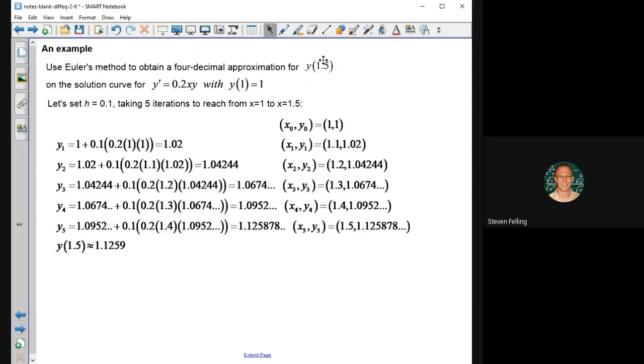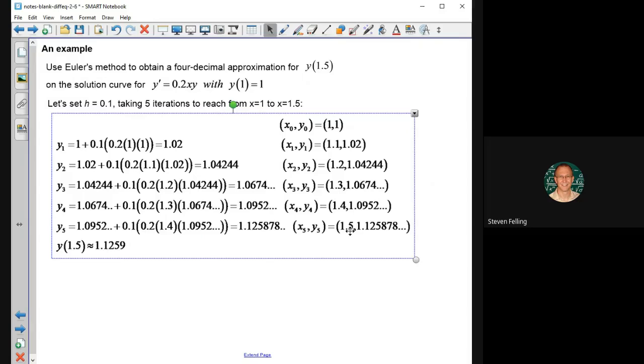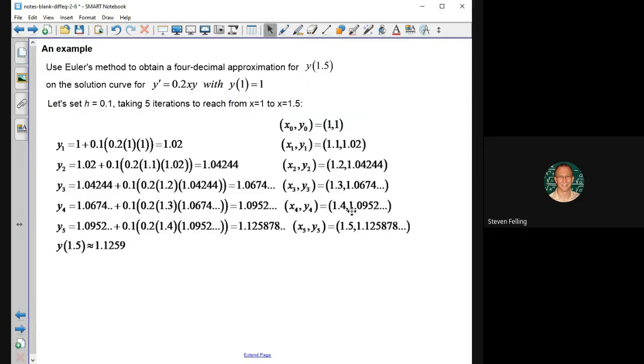Okay, and let's use a step size h of 0.1, which means to go from 1 to 1.5, we're going to have to take 5 steps. We're going to go from 1 to 1.1 to 1.2 to 1.3 to 1.4 to 1.5. And when we get to 1.5, the y here is the approximate value. So at each stage, what we're doing is saying that the next one, y of n plus 1, is equal to y of n plus the step size times the dy dx evaluated at the nth point.